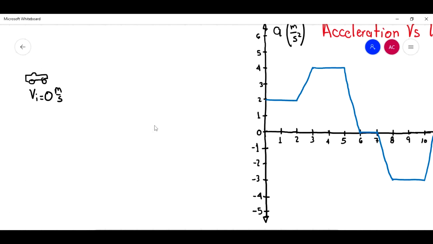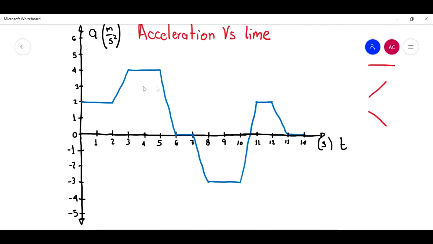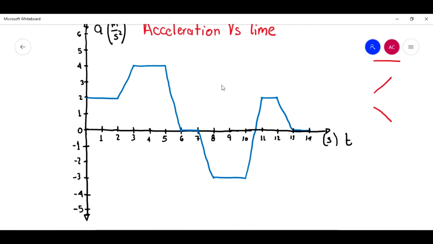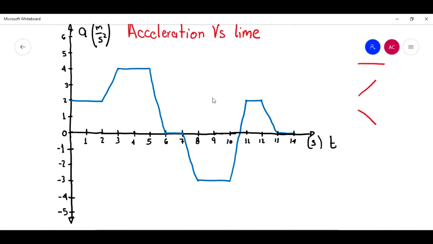Then it's going to start the motion with this graph. Can we know when the car is at rest? I mean, it's not going to move, the acceleration will be 0.